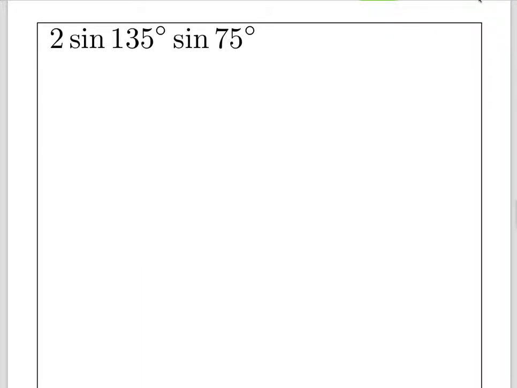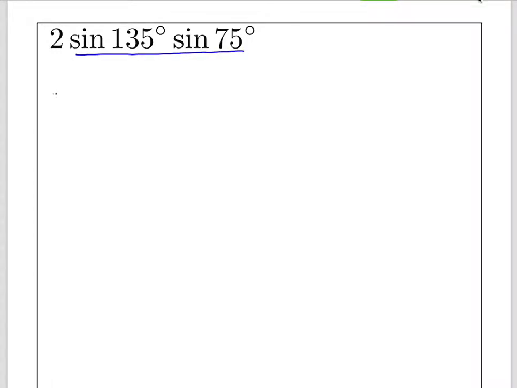Okay, this time we've got numbers so we can actually evaluate the expression. So we have 2 times sine of 135 times sine of 75. So which formula do we have here? Sine A, sine B. Sine A times sine B, which is only that part.